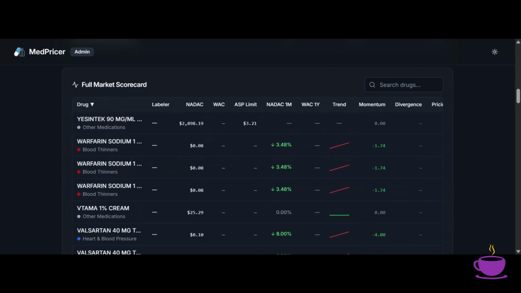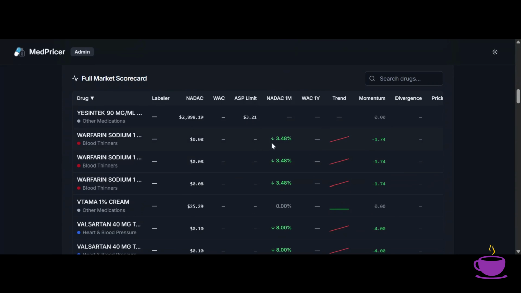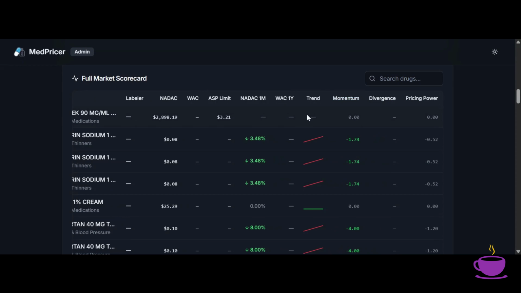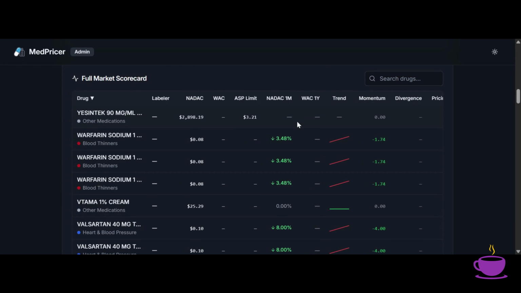Okay, this is what we call the full market scorecard. It'll take individual drugs, look at the different pricing, NADAC, WAC, ASP limit, NADAC delta 1 month, WAC delta 1 year, and then the trend analyses, what the momentum, divergence, and pricing power metrics would be as a result of the different databases and the trends therein.